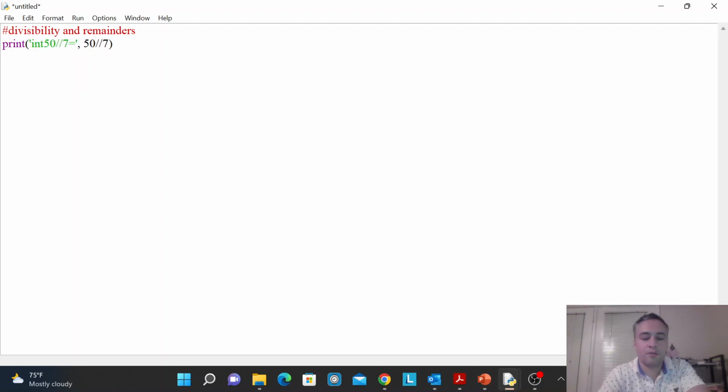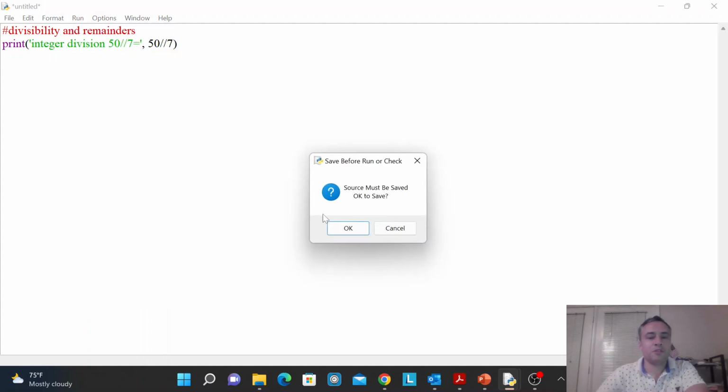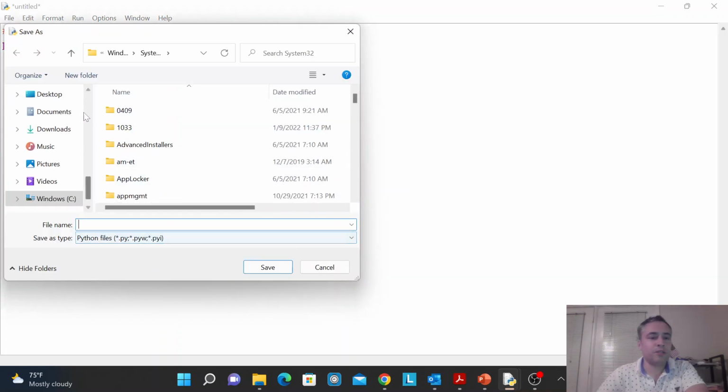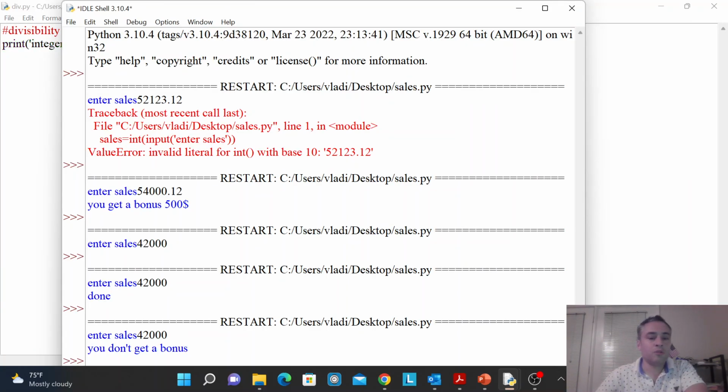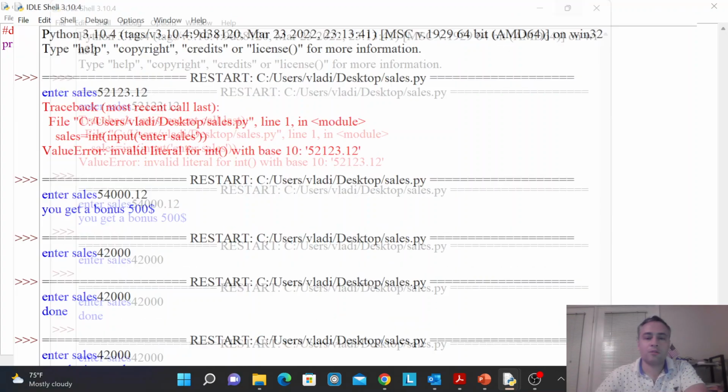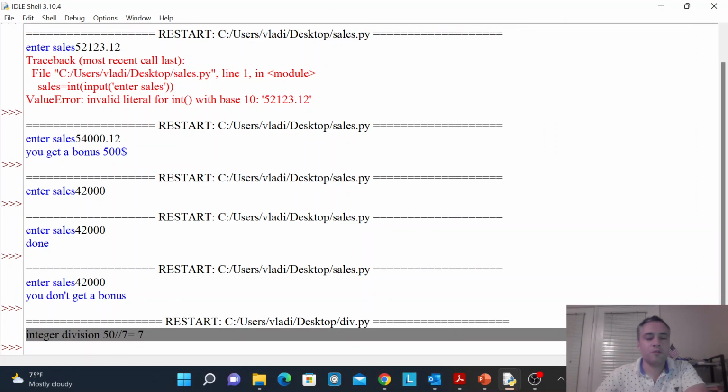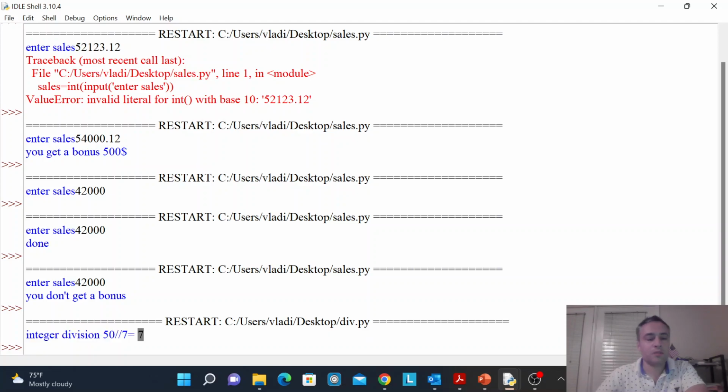Integer division is when you divide with remainder, or in other words, you do long division. All right, let me resize this. So integer division, 50 divided by 7 equals 7. If you remember how to do long division, 50 divided by 7 equals 7, and also there is a remainder.